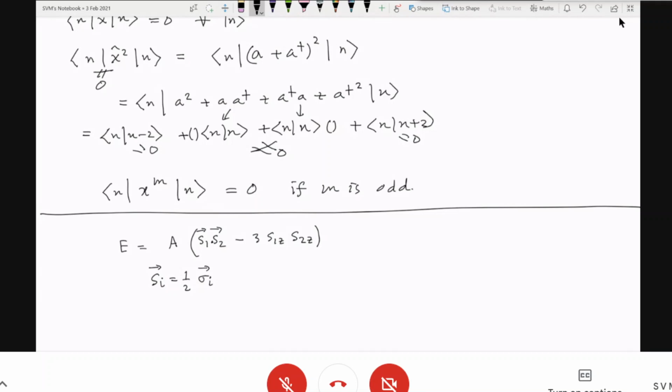A is a constant. E by A in terms of the total spin operator S equals S1 vector plus S2 vector.